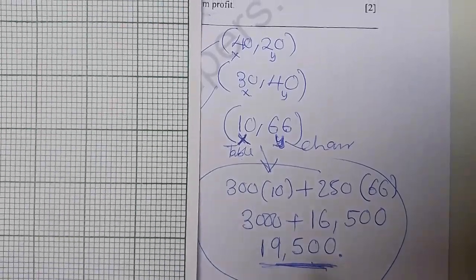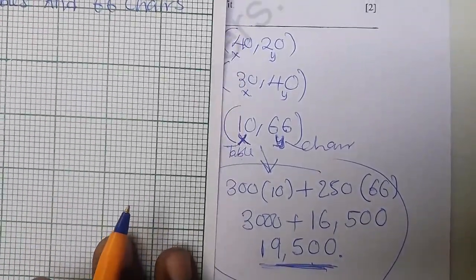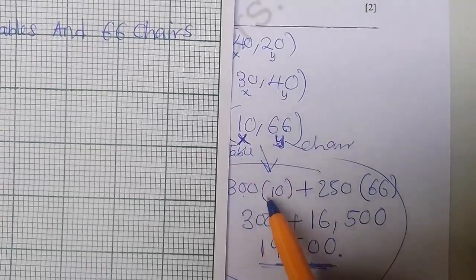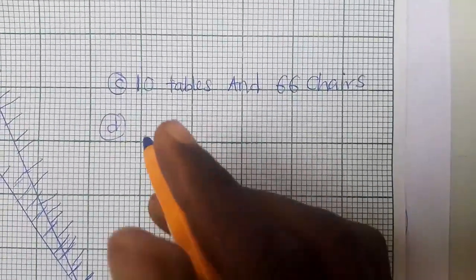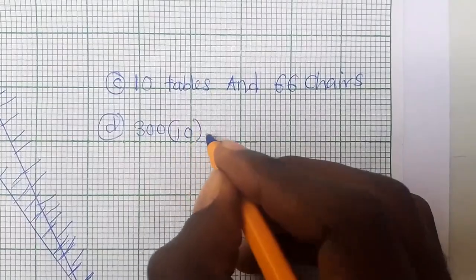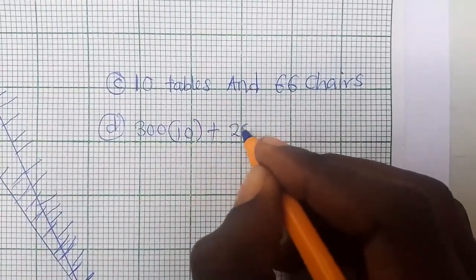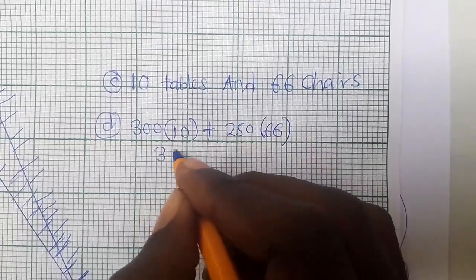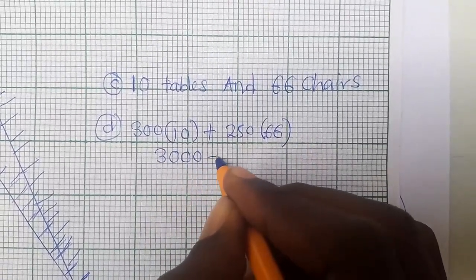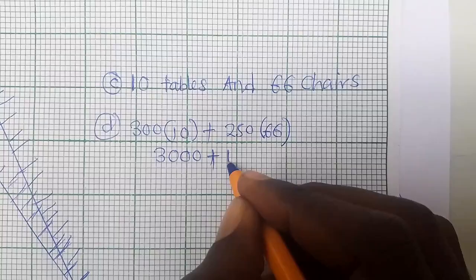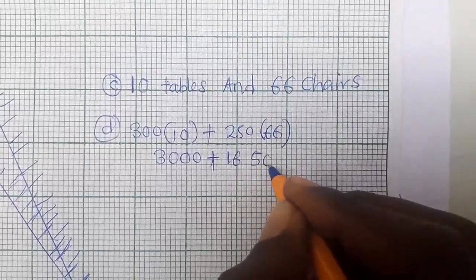So what did we do? We used the 10, and so we say 300 times 10. This is what we did. Say 300 multiplied by 10 plus 250 multiplied by 66. This one we got 3,000 plus, so plus this one we got 16,500.